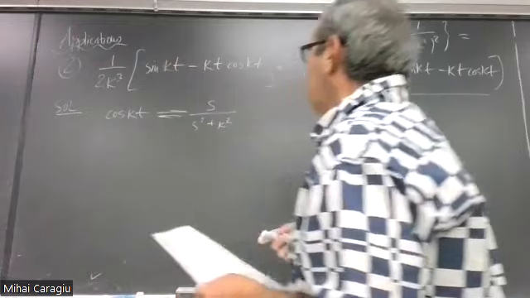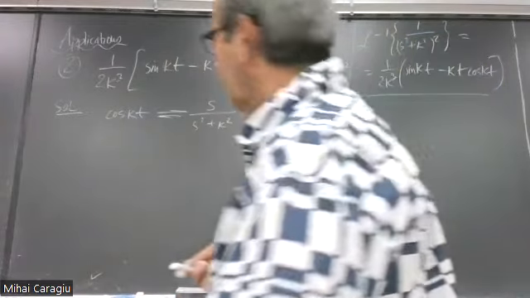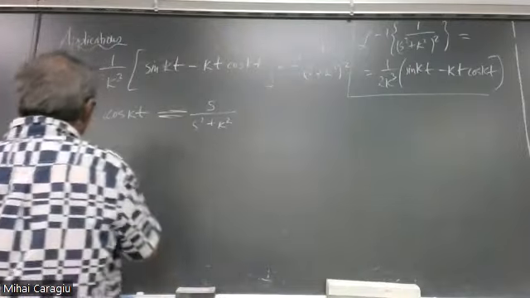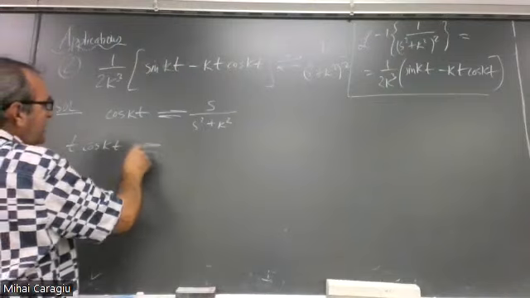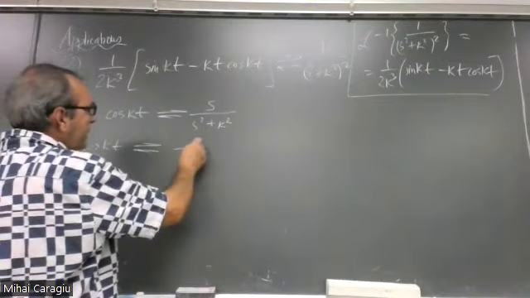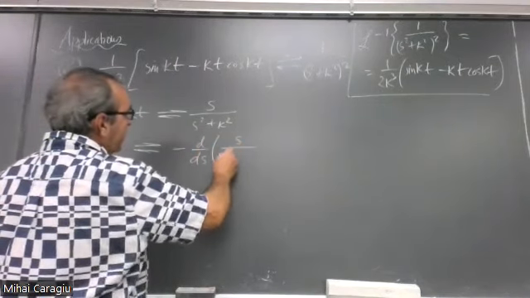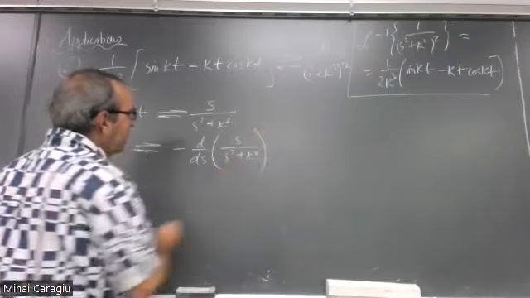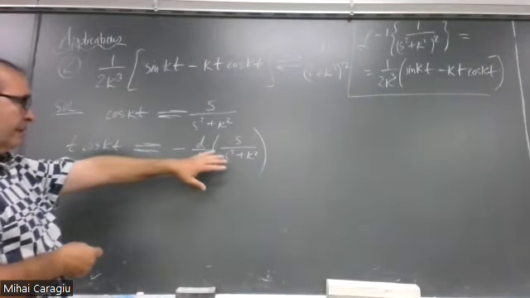Again, we multiply the input function by t. So t cos kt transforms into minus the derivative with respect to s of s over s squared plus k squared, because multiplying by t corresponds to minus the derivative of the Laplace transform.